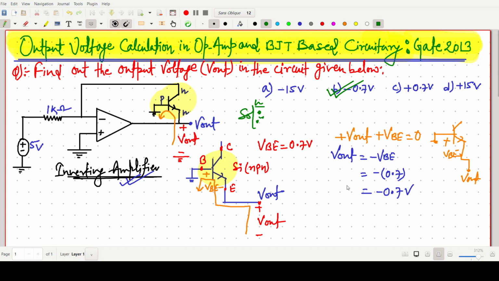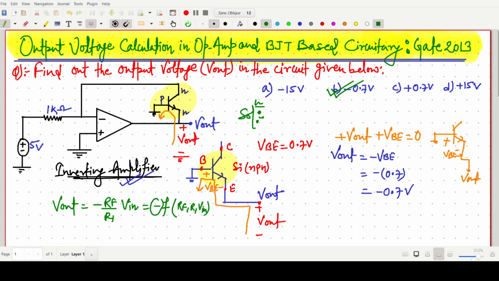So this is all about this question. One can also think like that: V output, if this was an inverting amplifier, should be minus RF by R1 times V in. Okay. So we can say the output is a negative one as a function of resistance RF, R1 and V in.